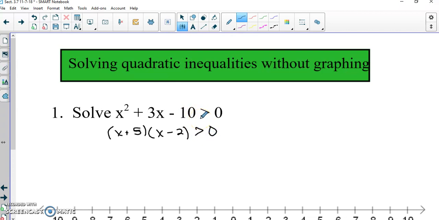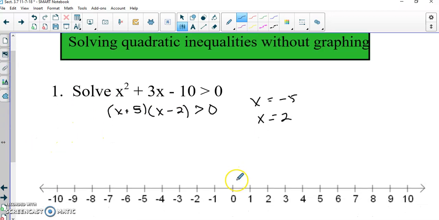Now for this case here, it equals 0 at x equals negative 5 and at x equals positive 2. So it is just greater than and not greater than or equal to. Go ahead down on this number line. You put an open circle at negative 5 and an open circle at 2.